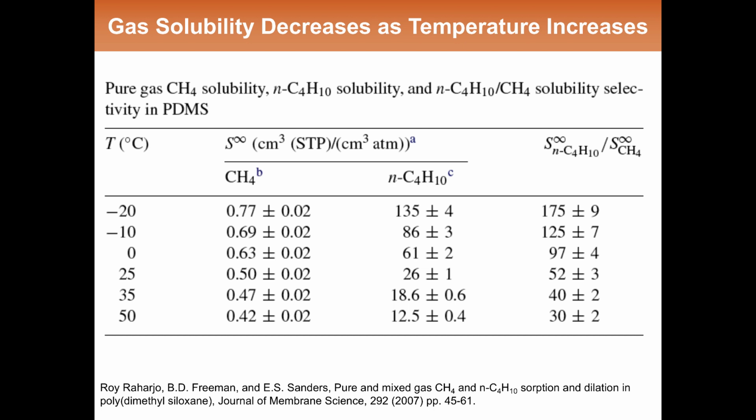High temperature promotes low gas solubility, and nevertheless, gas permeability often increases with temperature, and so this must reflect that the diffusion coefficients are increasing with temperature much faster than the solubility is decreasing. And we'll show that that's the case in practical situations later.